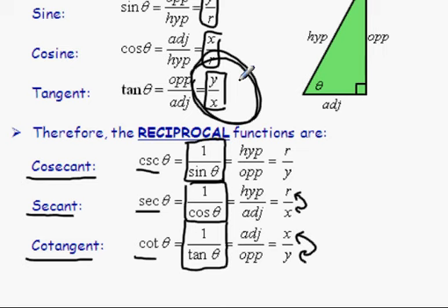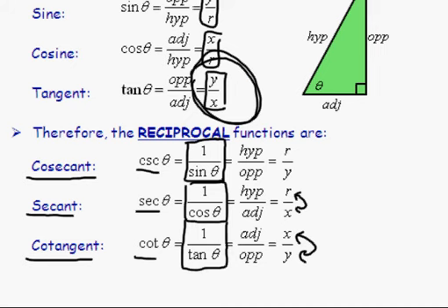The reciprocal ratio is x over y. Okay, so cosecant, secant, and cotangent. So you have to remember which one's which. Cotangent's easy. Okay, cosecant and secant, it's the opposite of sine and cos, right? So you can see the cos goes before the sine, and then the regular cos doesn't have a cos in front anymore. So cosecant matches up with sine, secant matches up with cos.